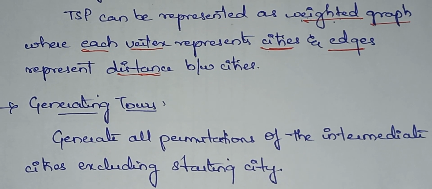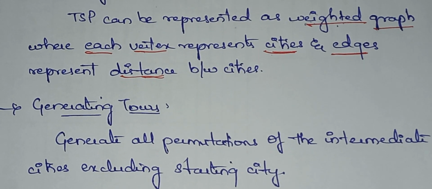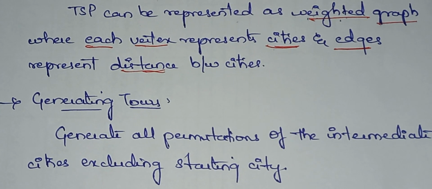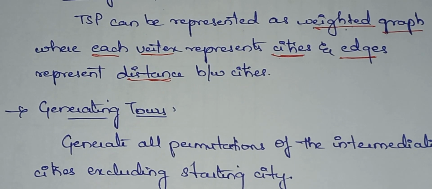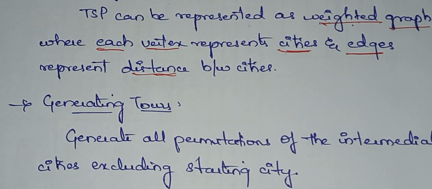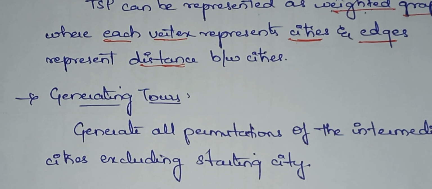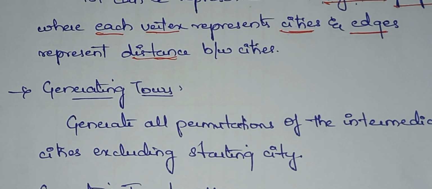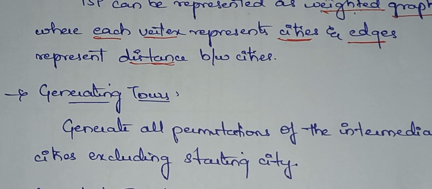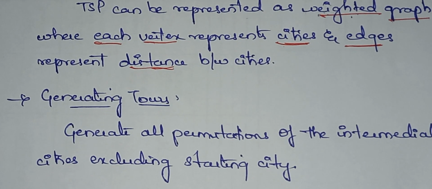Excluding your initial city, you travel across every other city that is present, calculate the path, and then return to the same city where you started. That is what generating tours is.